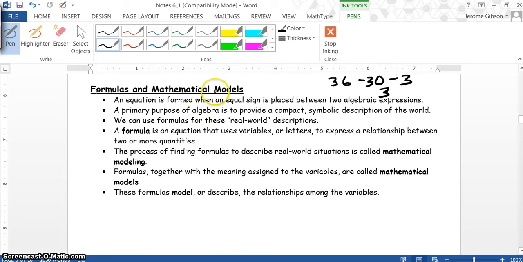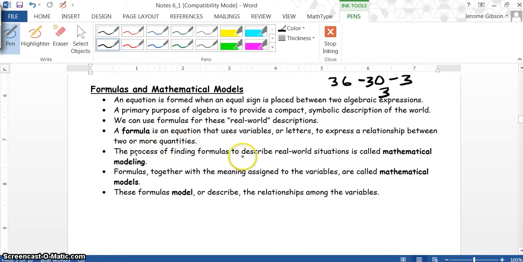Now, we have formulas and mathematical models. An equation is formed when an equal sign is placed between two algebraic expressions. A primary purpose of algebra is to provide a compact, symbolic description of the world. We can use formulas for these real-world descriptions. A formula is an equation that uses variables or letters to express a relationship between two or more quantities.